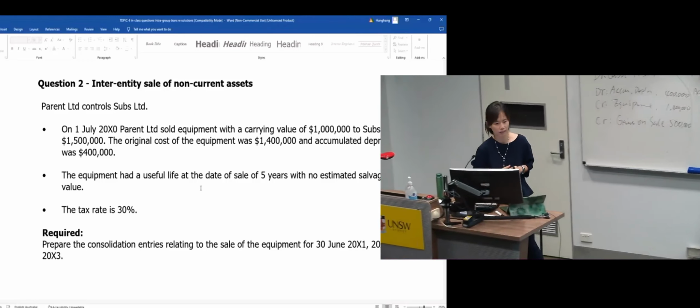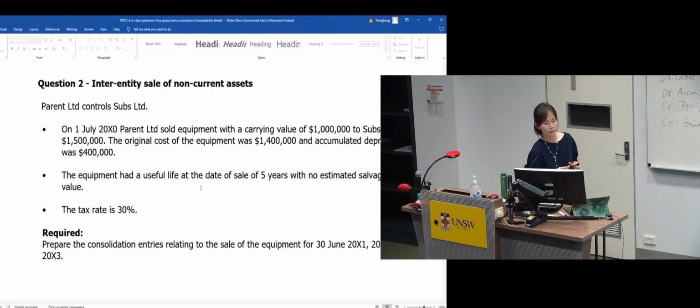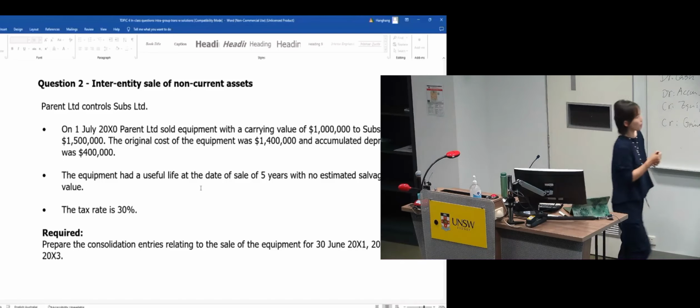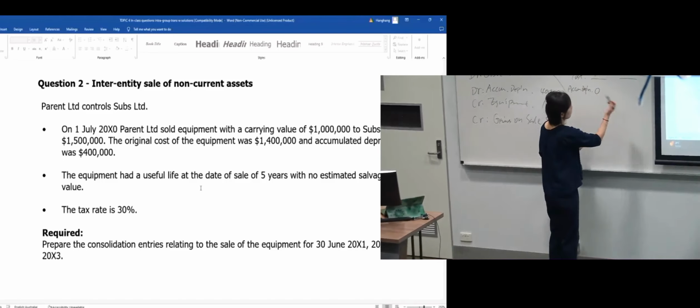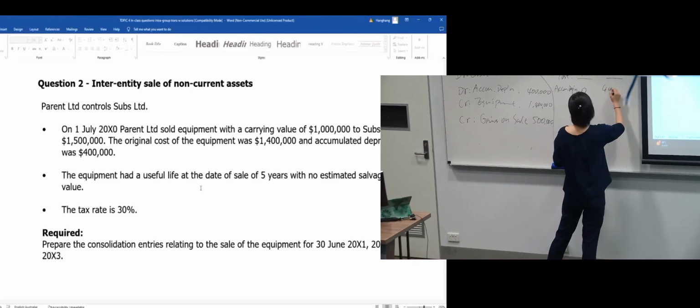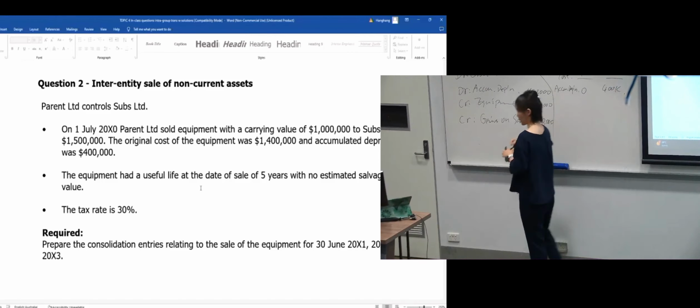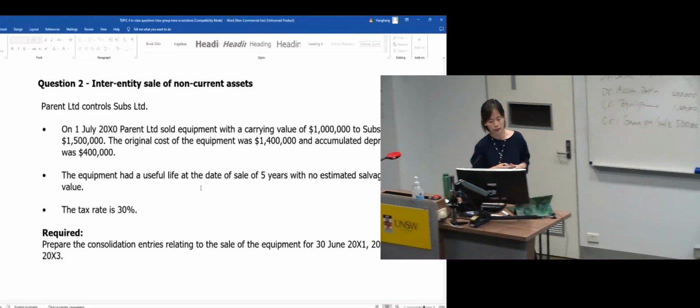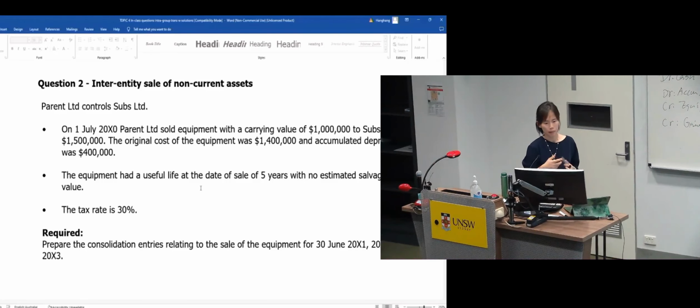You need to adjust the cost of equipment down by 100,000, because it is overstated by the subsidiary after transfer. The accumulated depreciation immediately after transfer is 0, but in the group position you should have an accumulated depreciation balance of 400,000. Therefore, in the consolidation worksheet, the accumulated depreciation balance should be credited, reinstated by 400,000.